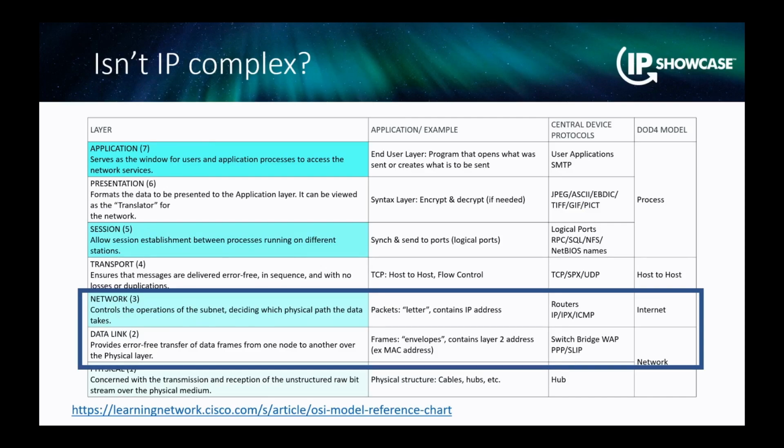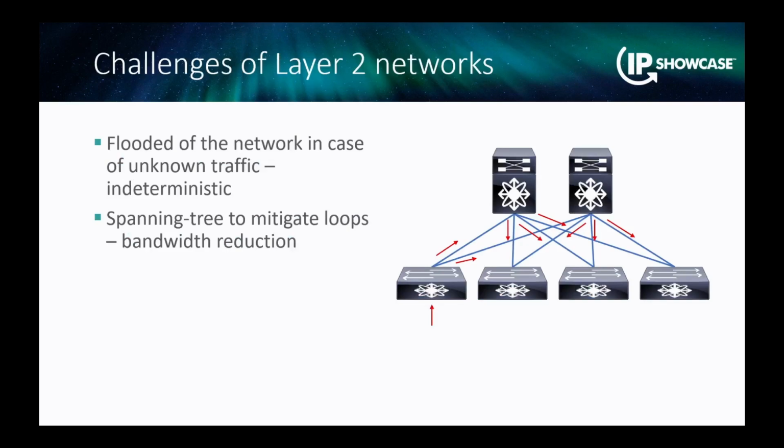So let's look at challenges which occur on layer 2. First of all, you have something which is called flooding. Every time you don't know where the destination is for that layer 2 traffic, the system will flood. Which means I will send this packet to everybody, no matter if they ask for it or not. And if you have a lot of that traffic, I'm going to overwhelm the network, so I will not be able to provide some other services to that network, which is undesirable behavior for sure.